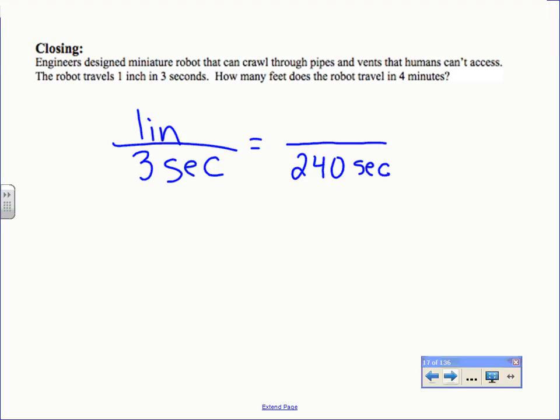We need to find how many feet the robot will travel in 4 minutes. Grace told us the X is 80 inches. Does anyone know how Grace got that? Can anyone explain the process she went through, Alexis? Awesome. All she did was take 240 divided by 3, which is 80, and then Alexis, what do you usually do with that number?